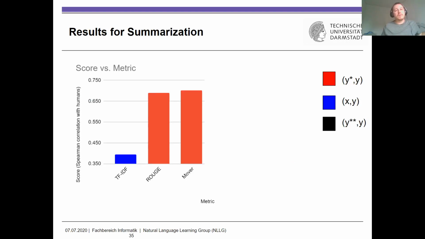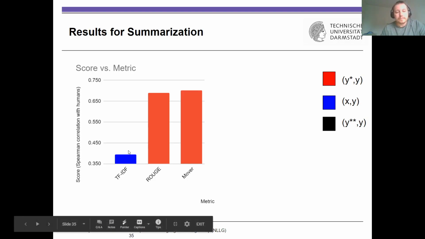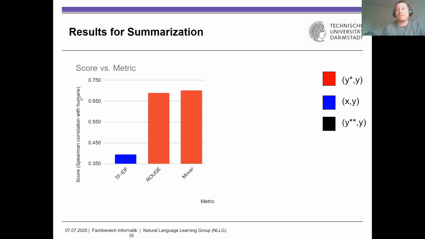So let's briefly look into results, and let's do summarization first, and just very briefly, and then talk longer on machine translation. Here we have different metrics, and we see how well those metrics correlate with humans, right? We have the Spearman correlation with humans. We have three different setups here.